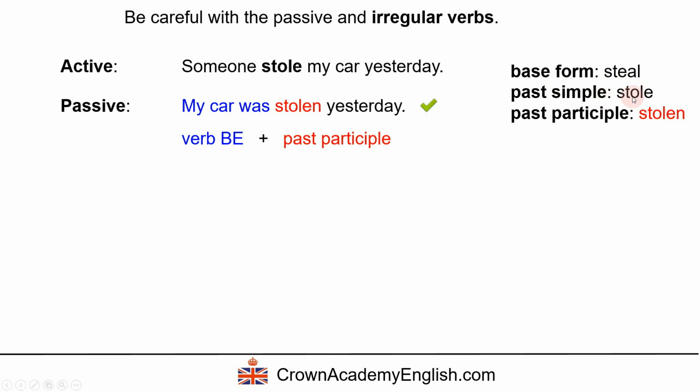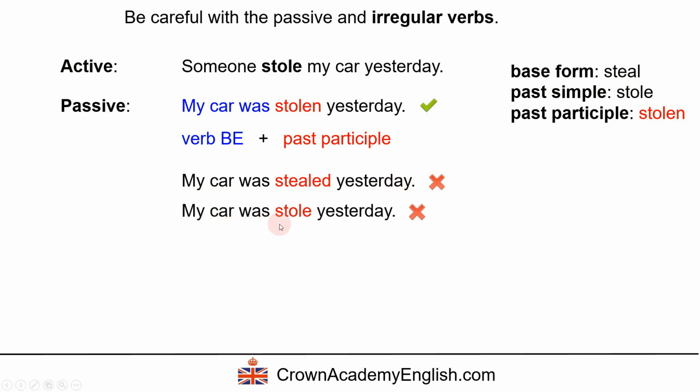The past simple is stole, which you see here in the active voice, but the passive uses the past participle and it is stolen. So this is wrong: My car was stealed yesterday. And my car was stole yesterday, that is also wrong.